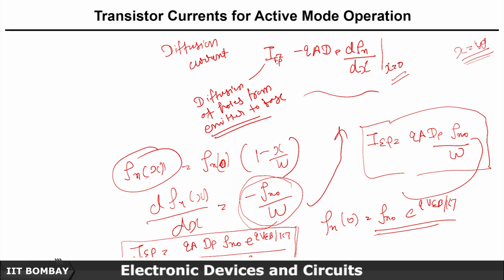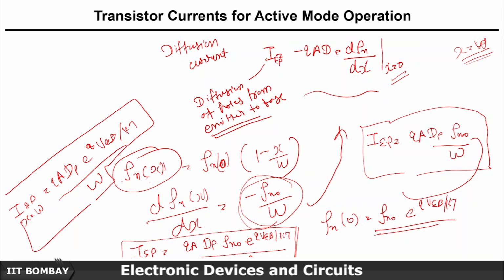So the same expression for the current will be received at x is equal to W, that is QADP e raised to power QVEB by KT divided by W. Always remember these expressions are valid here because we have assumed W, the width of the base, is much smaller than LP, the diffusion length.